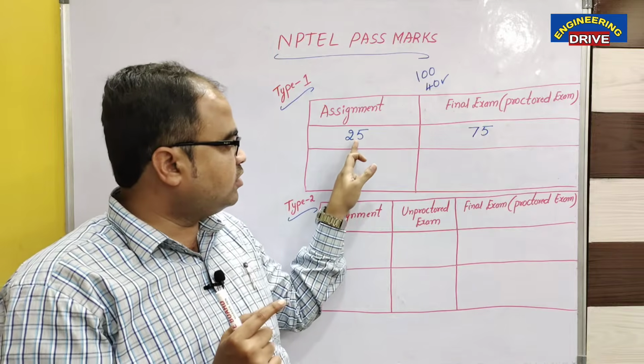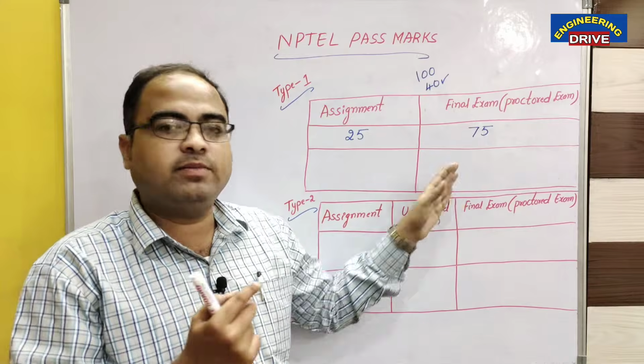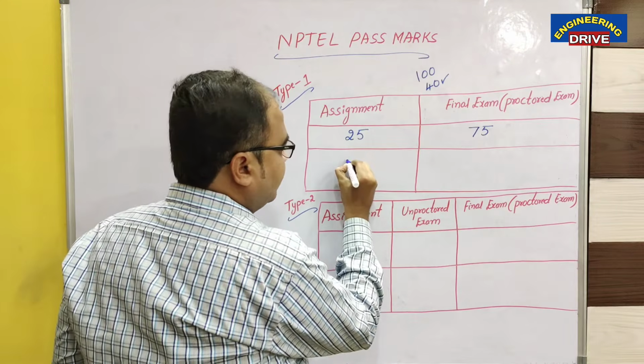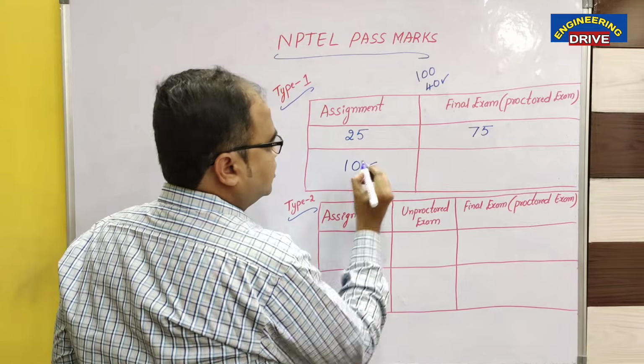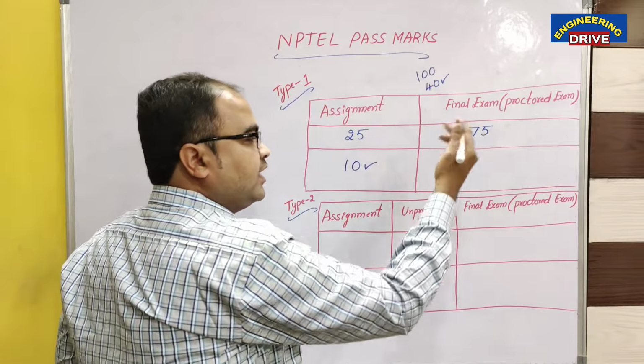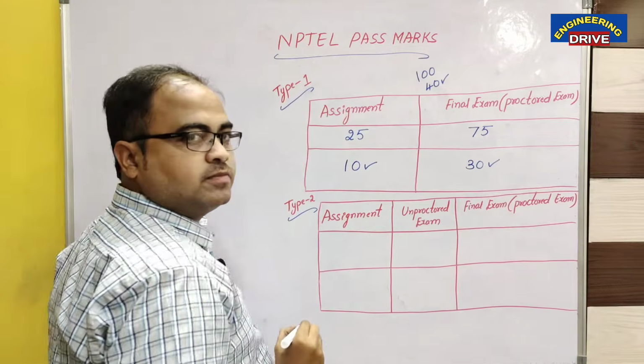Sir, what about assignments, how many minimum should I get, and in the final exam, how many should I get? Out of 25, you need to get minimum 10 marks to be declared as qualified, and out of 75 in the final exam, you need to get 30 marks.